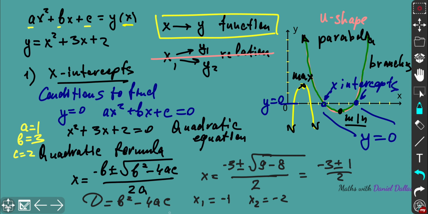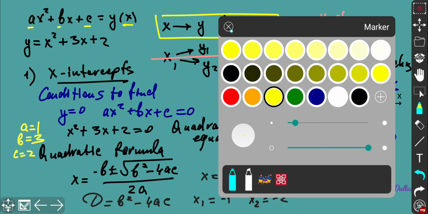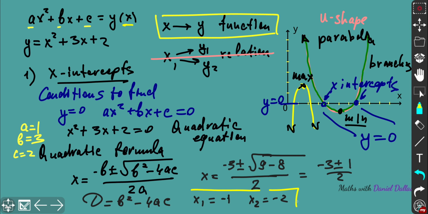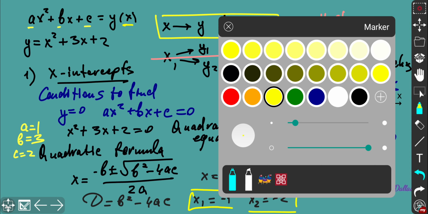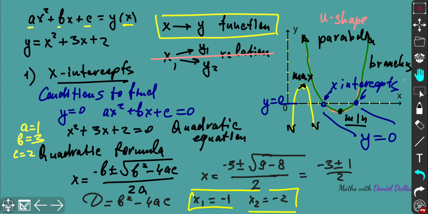That means we found the x-intercepts. We can use them to depict on the graph. For a while we just fix those values, and we'll go on to the next approach.